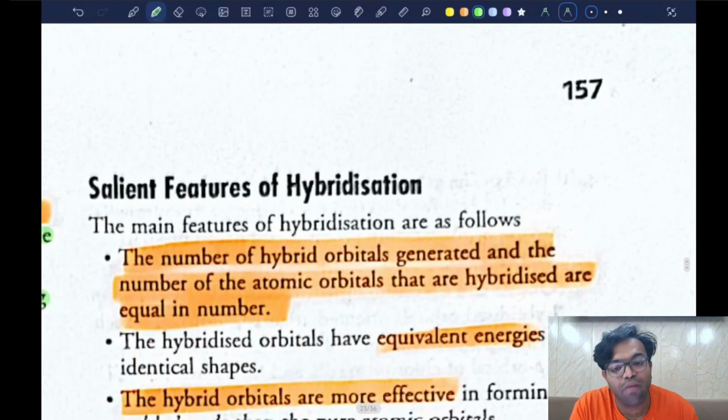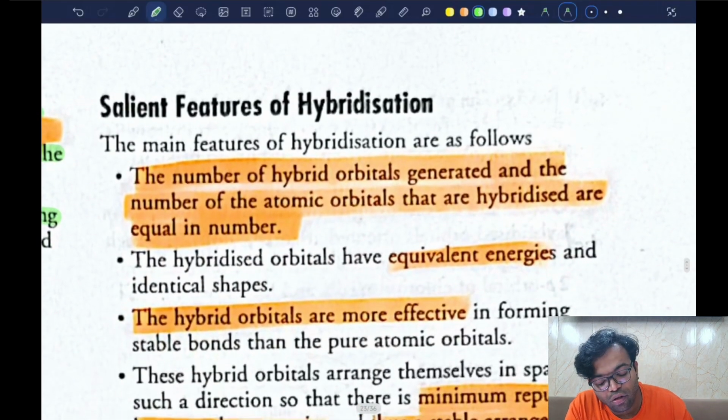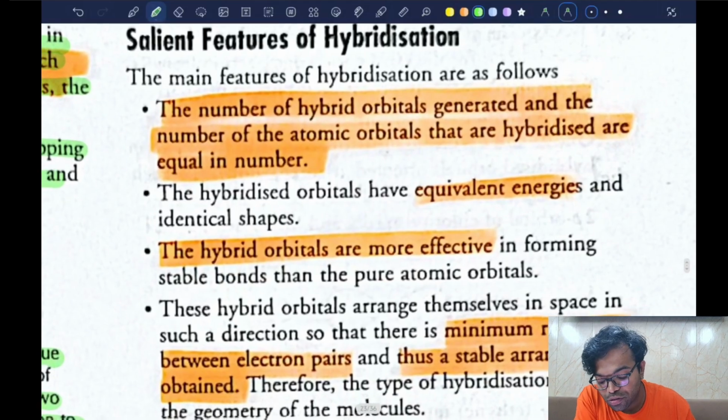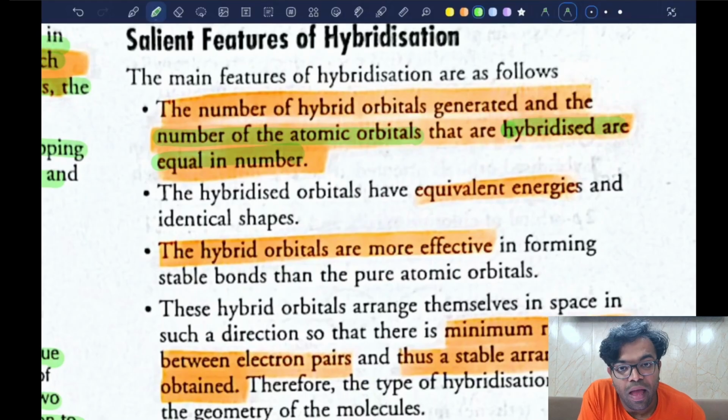Now, the salient features of hybridization. The main features of hybridization are as follows. The number of hybrid orbitals generated and the number of atomic orbitals that are hybridized are equal in number. That's what I was trying to say. How many orbitals participate in the hybridization will give you the same number of hybrid orbitals. Now, the hybrid orbitals have equivalent energies.